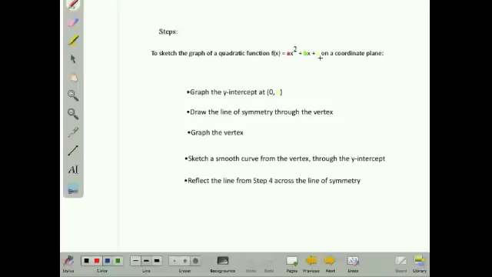That'll be identified from your point C. Then you're going to figure out the line of symmetry. Remember, the line of symmetry is the opposite of whatever b is divided by 2 times a. And that value is actually x.